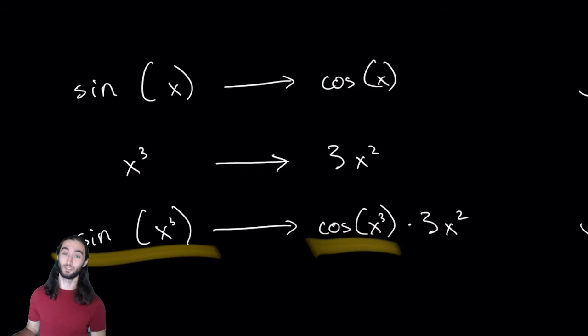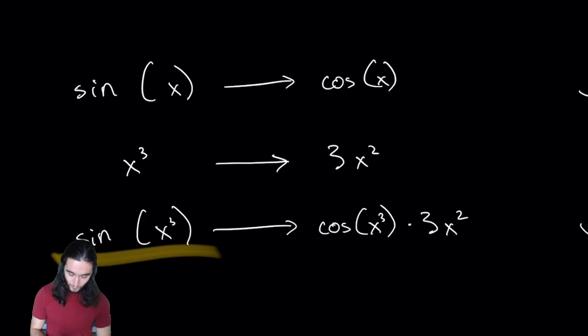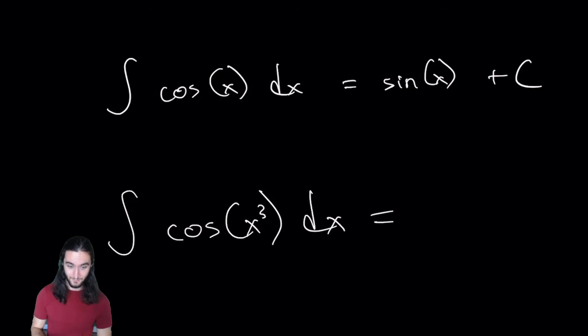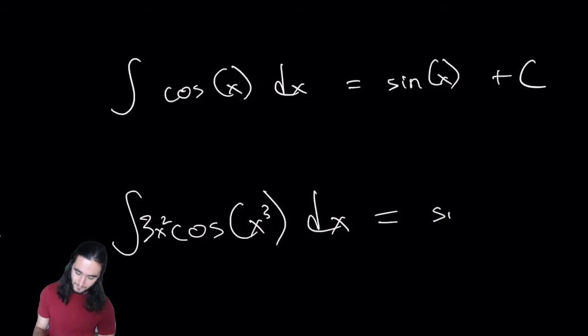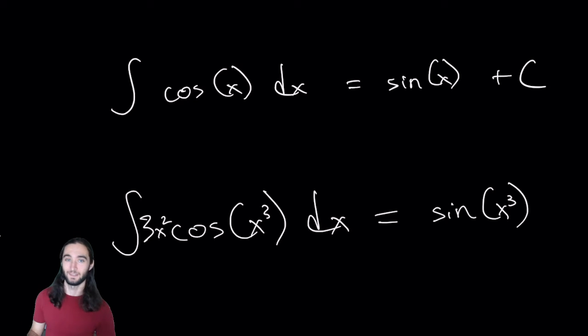It's cosine of x cubed times 3x squared. So if that times 3x squared is not present, then the integral is not sine of x cubed. There needs to be a times 3x squared for this to be sine of x cubed. So the chain rule has unfortunate consequences when it comes to integrals.